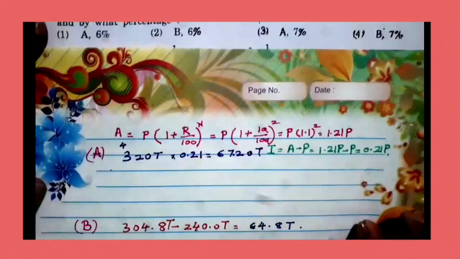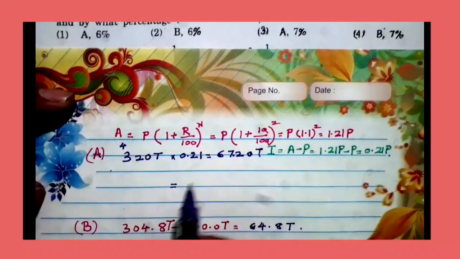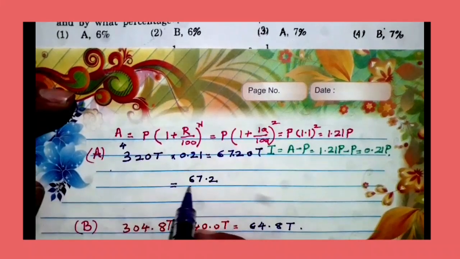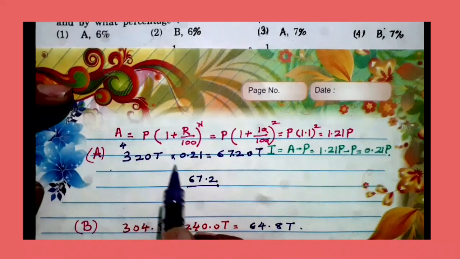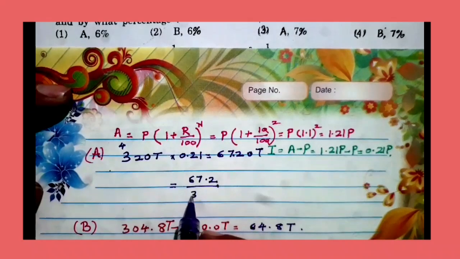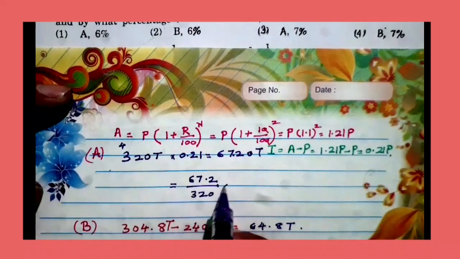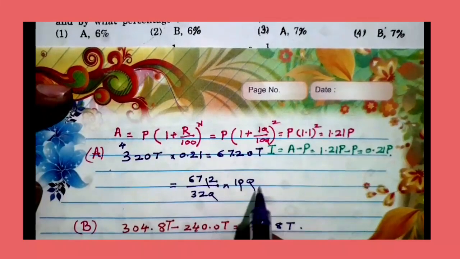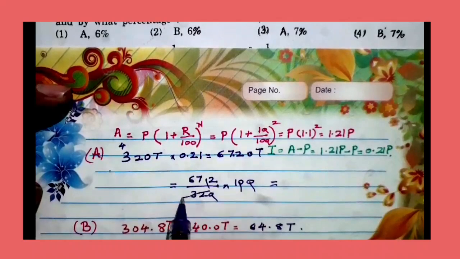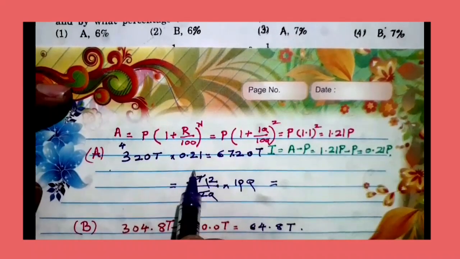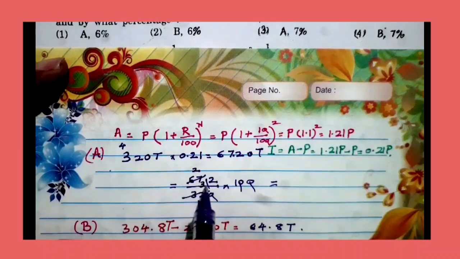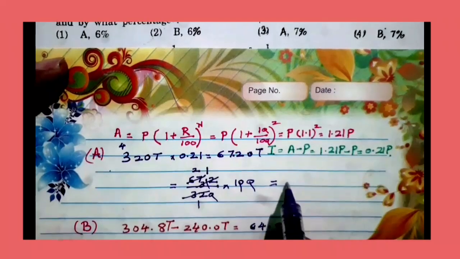Now profit, that is 67.2 upon invest, which is 3.20 multiplied by 100. This cancels, this also cancels. Now divide by 32. 32 2 times is 64. Carry 3. This is 1.